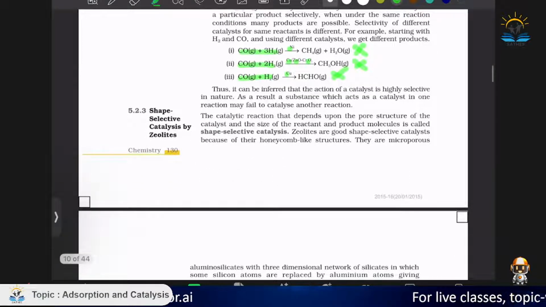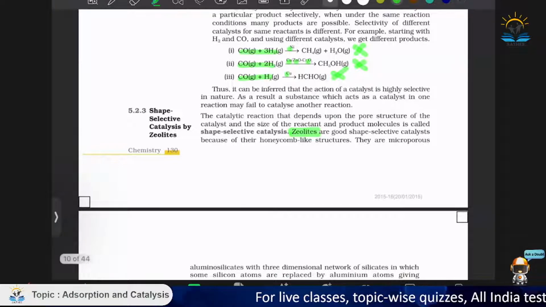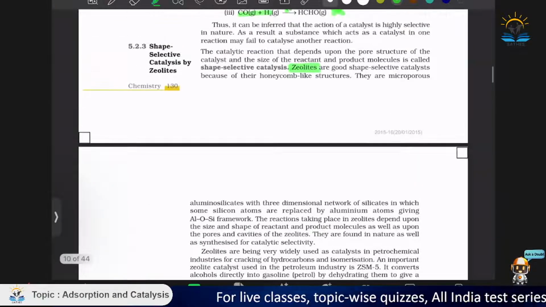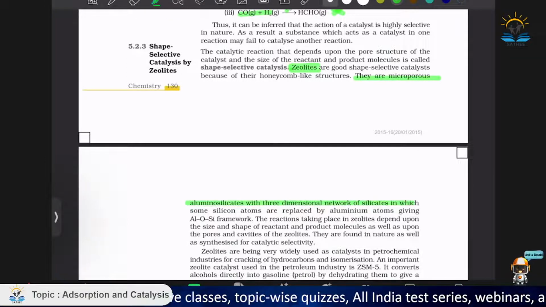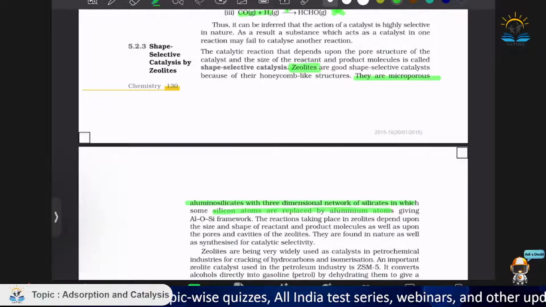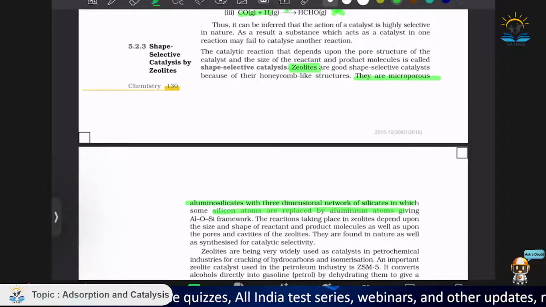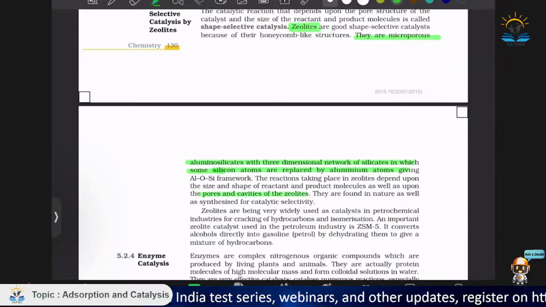Then shape selective catalysis, what they are called, zeolites. They are catalysts that select their reactants based on shape because they have pores. They are microporous aluminosilicates with a three-dimensional network of silicates. Some silicon atoms are replaced by aluminum atoms, and they have pores and cavities.